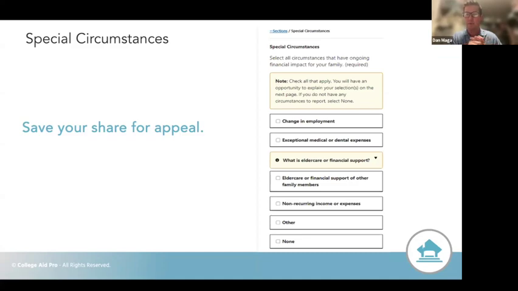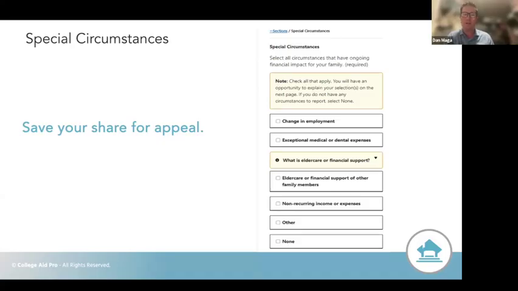And another reason, quite honestly, I don't know that they ever read this stuff in the CSS. Because if you lose your job and you're going to appeal to the school, you cannot just assume that whatever you write in this box, they are going to read. You need to do that directly with the college with their own proprietary paperwork. There's a lot bigger process that goes on there.